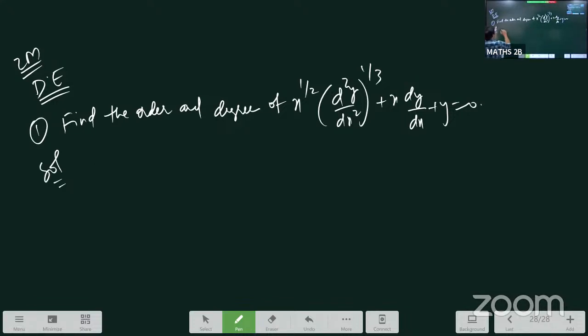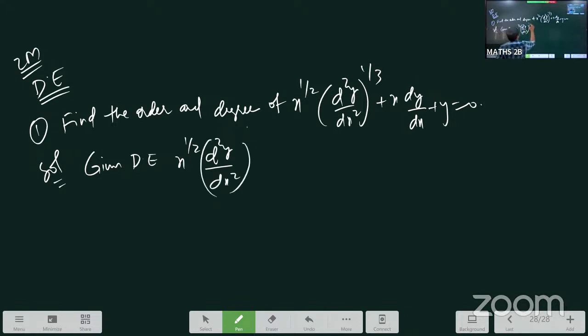What is the given equation? Given differential equation: x power 1 by 2 d square y by dx square whole power 1 by 3 plus x dy by dx plus y equal to 0.